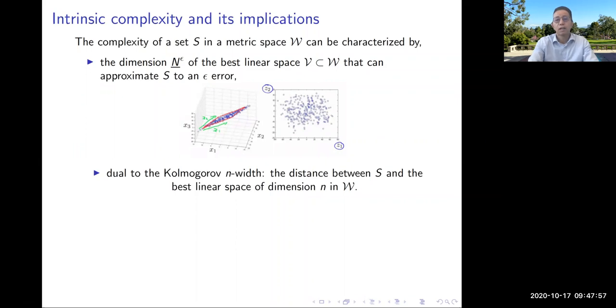If I give you a set, you want to see what is the distance to the best n-dimensional linear space. So given the error, what's the minimum dimension you have to use to approximate that well? The other way is, if I can only deal with n dimensions, what is the least error I have to make? These two are dual to each other.